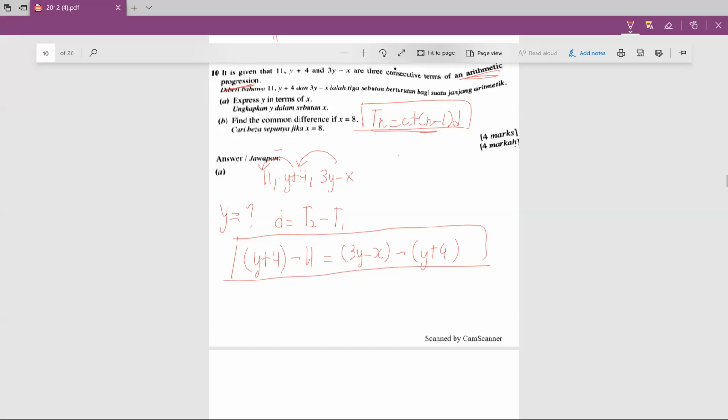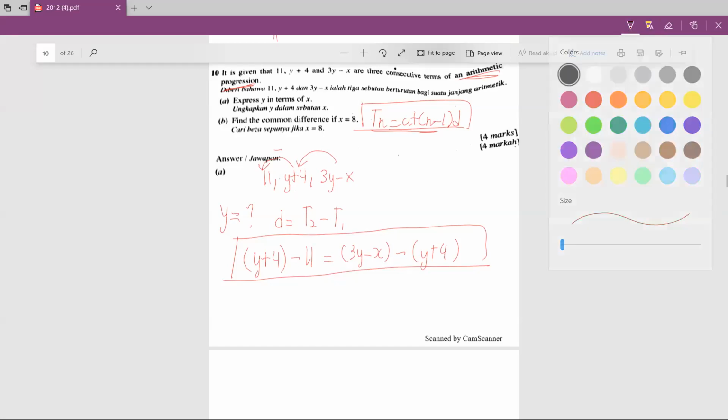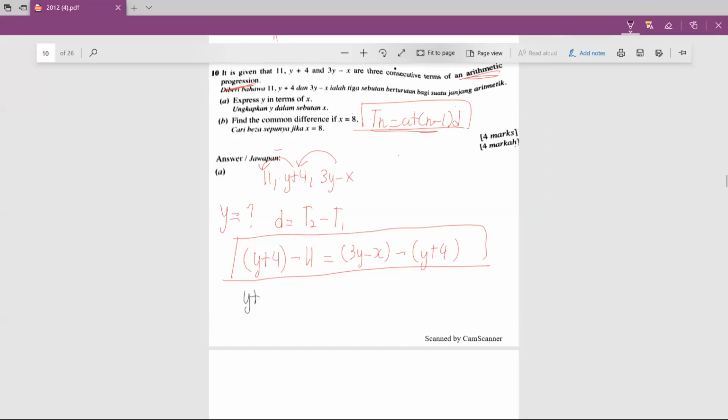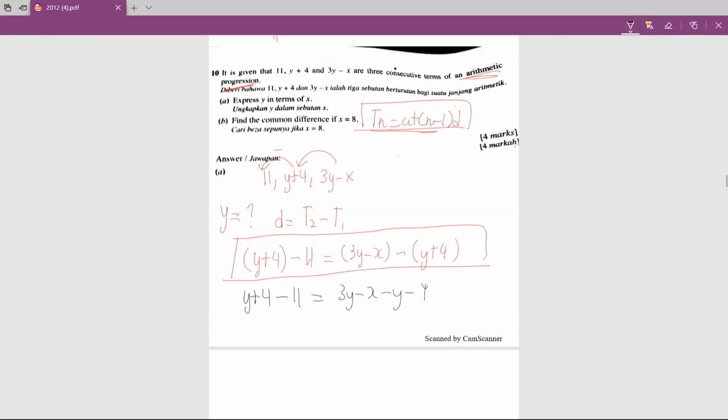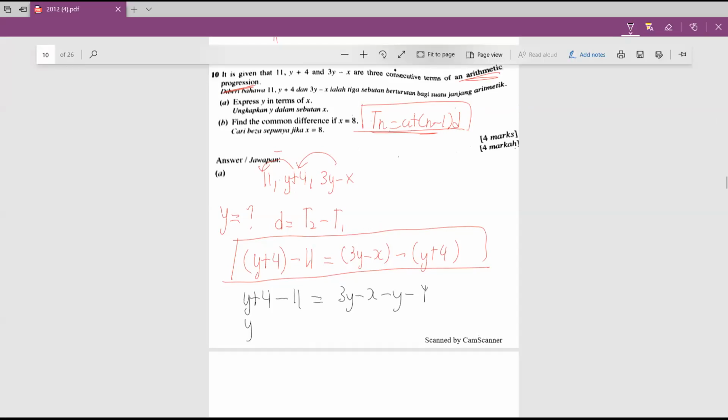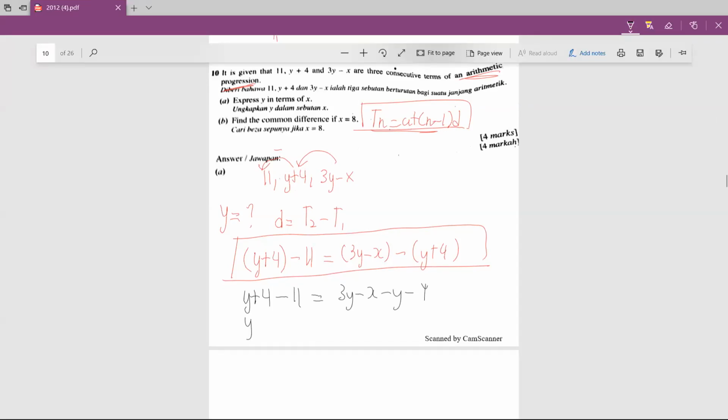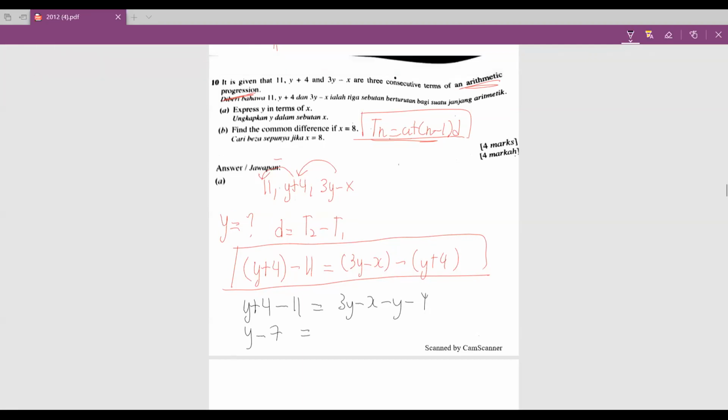Let's say now, tukar color jap. Okay, let's say y plus 4 minus 11 equals 3y minus x minus y minus 4. Kita dapat y minus 7 equals 3y minus 3y, dapat berapa y? 2y.